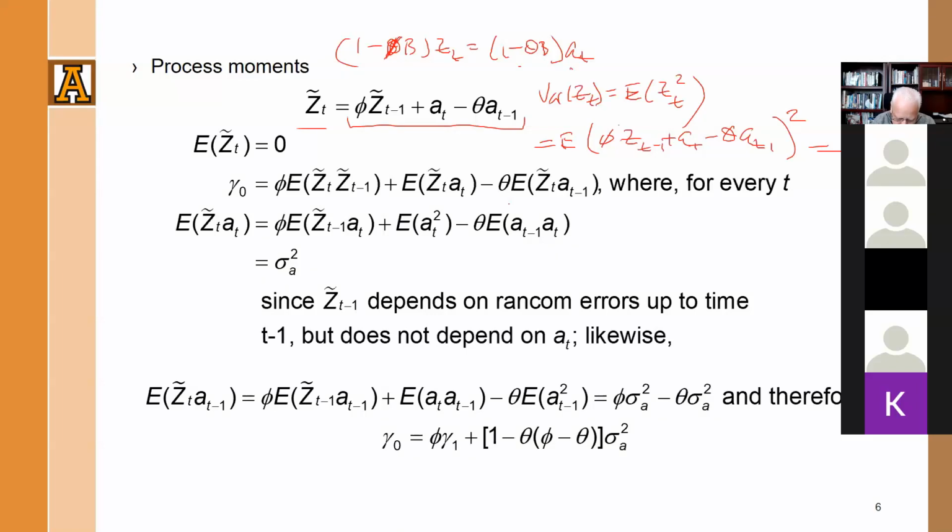Now, notice that the expected value of Z_t A_t, this term here, is phi times the expected value of Z_{t-1} times A_t, plus the expected value of A_t squared minus theta times the expected value of A_{t-1} A_t. Now, this term here is sigma squared. And this is 0. Why is this term 0? Why is this term 0?